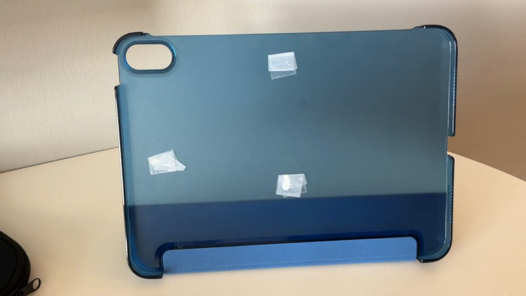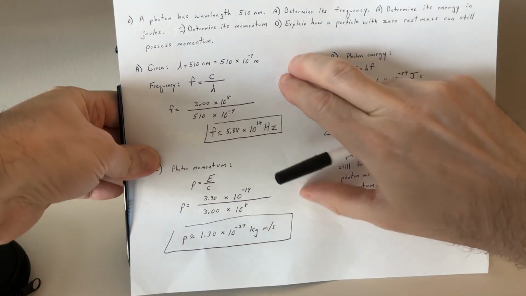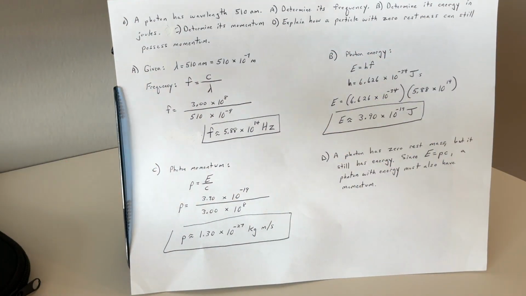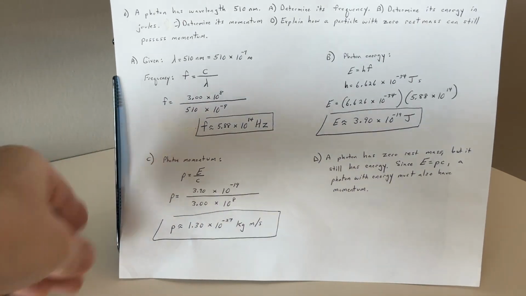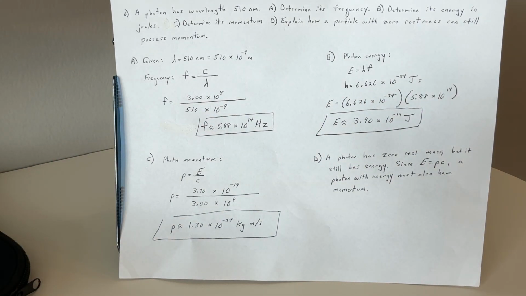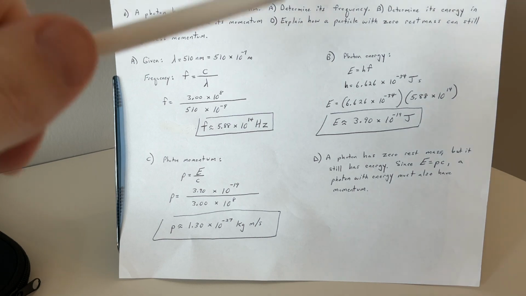Okay, and moving along now to number 6. We have a photon. The photon has wavelength 510 nanometers. Part A, determine its frequency. So we're given wavelength 510 nanometers. Convert that to meters.